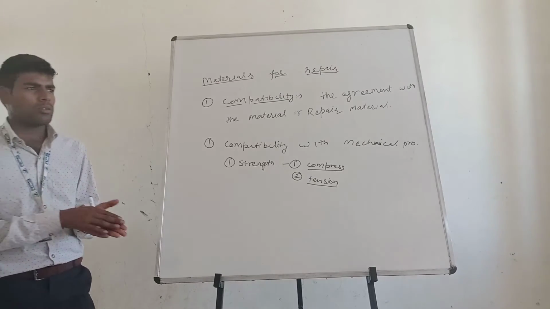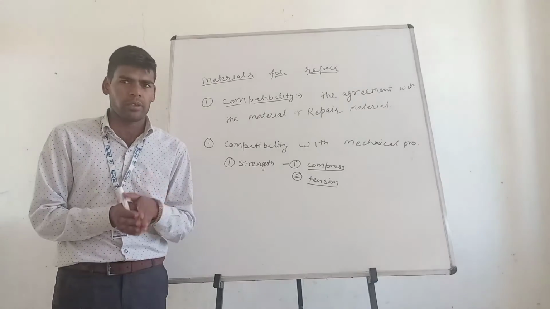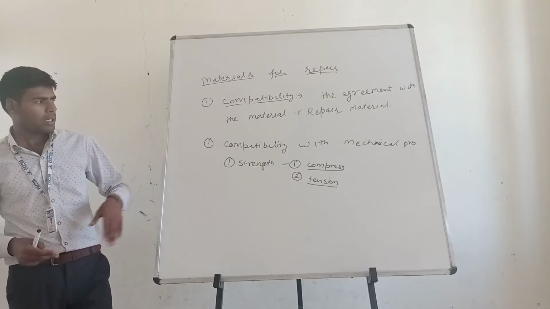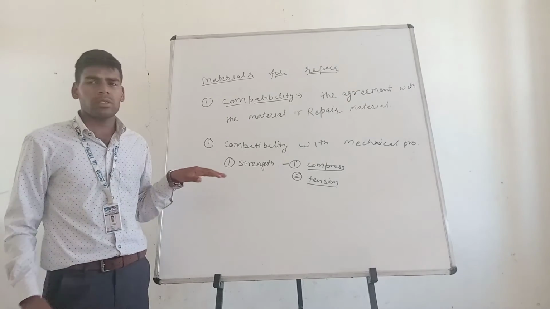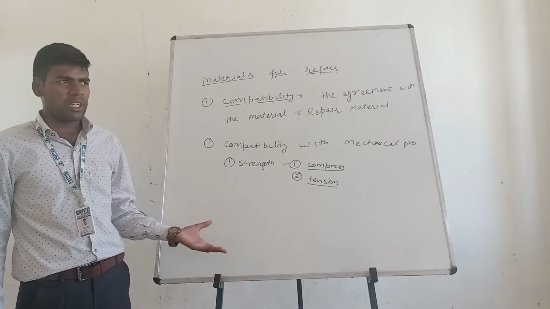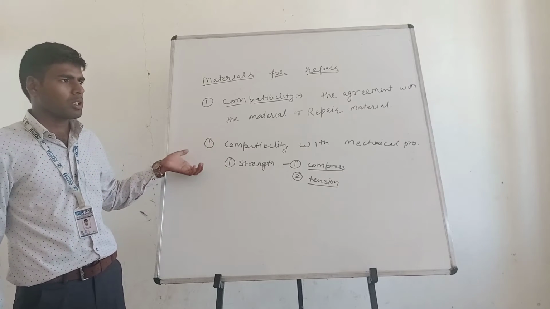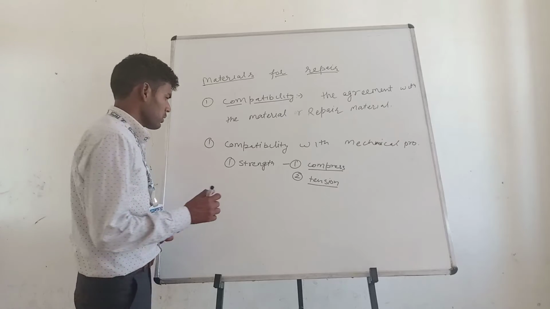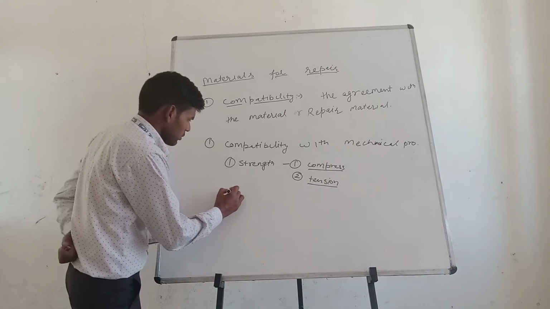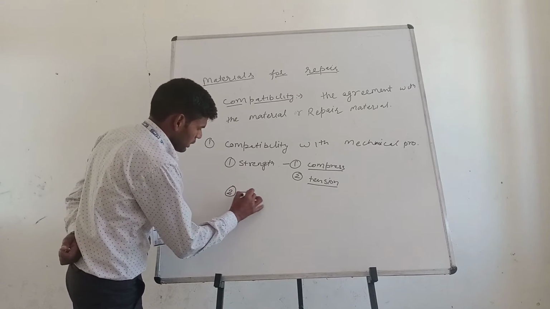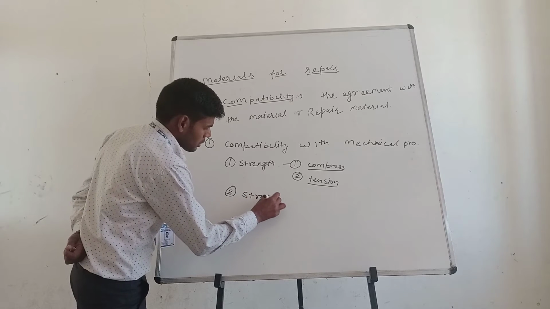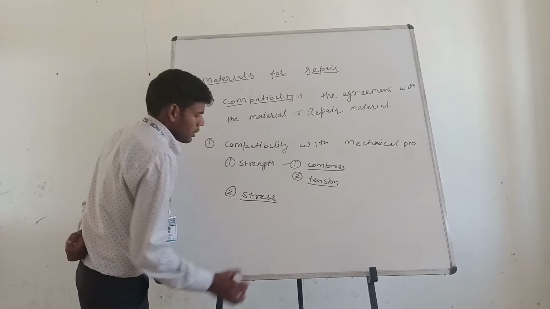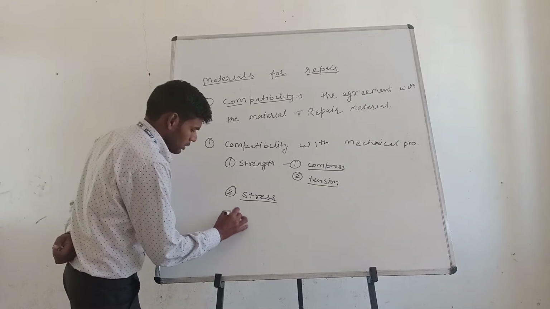So the material we choose with the repair must be compatible with the material which is used in the building. Next is our strength, then stress, and third is our strain.